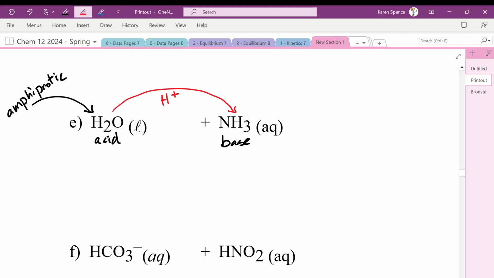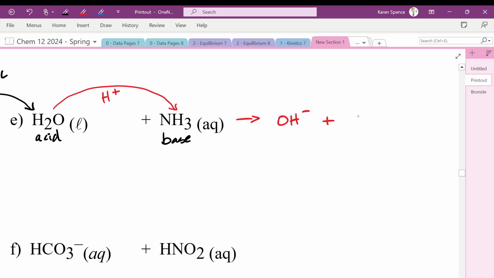If we take an H off of water, what are we left with? We are left with OH minus. And NH3 now has an extra H plus, so it will become NH4 plus.